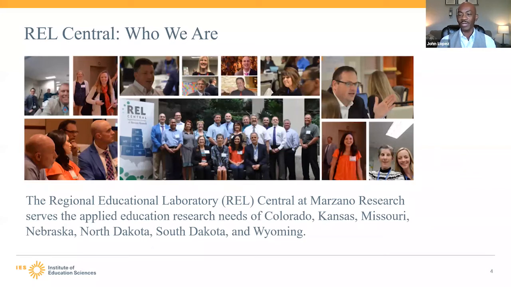The 10 have the common goal of providing data and information to inform decision-making that positively impacts education systems and their students. We have a broad base of stakeholders, whether it's state education agencies, local education agencies, nonprofit organizations.